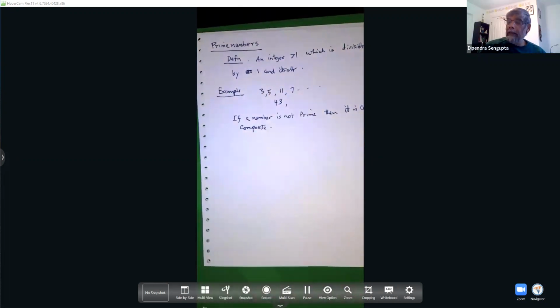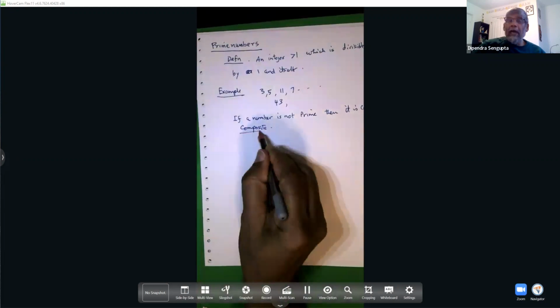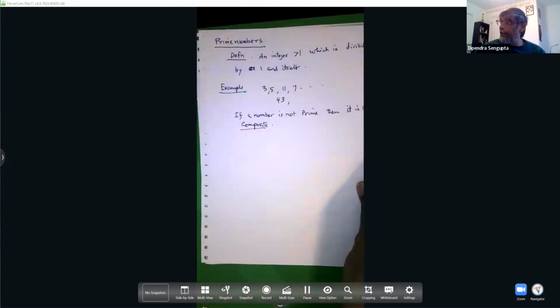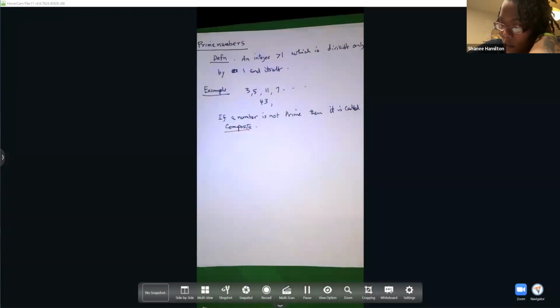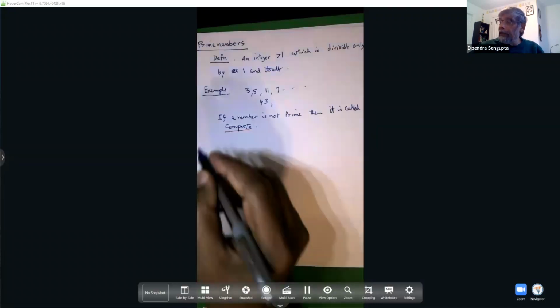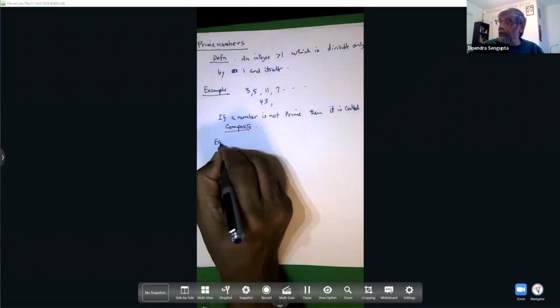Given a number, it is either a prime or a composite. There are two ways. These are things you probably learned in elementary school. I'm redoing it anyway.